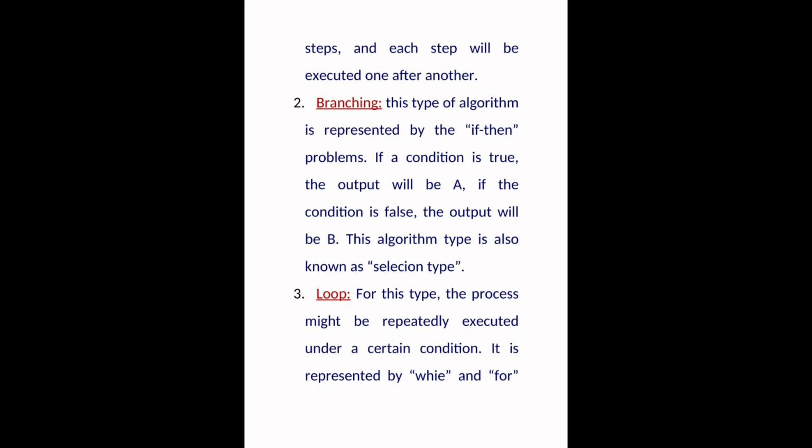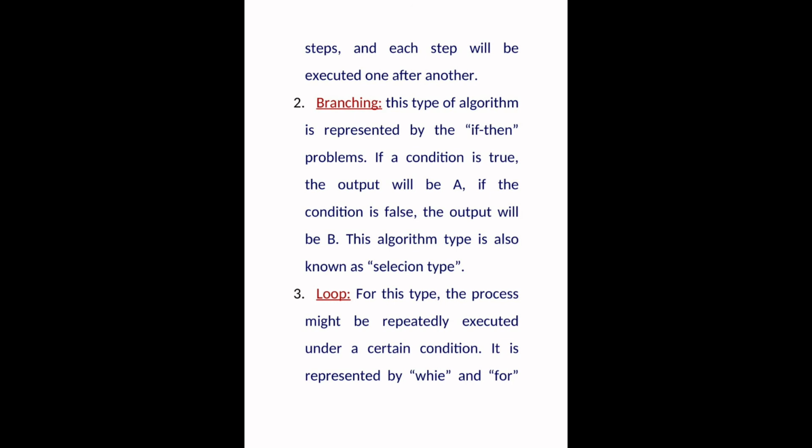The second type of algorithm is branching, also known as selection type. Remember, an algorithm is a set of instructions for a problem solution. Branching depends on if-then problems.